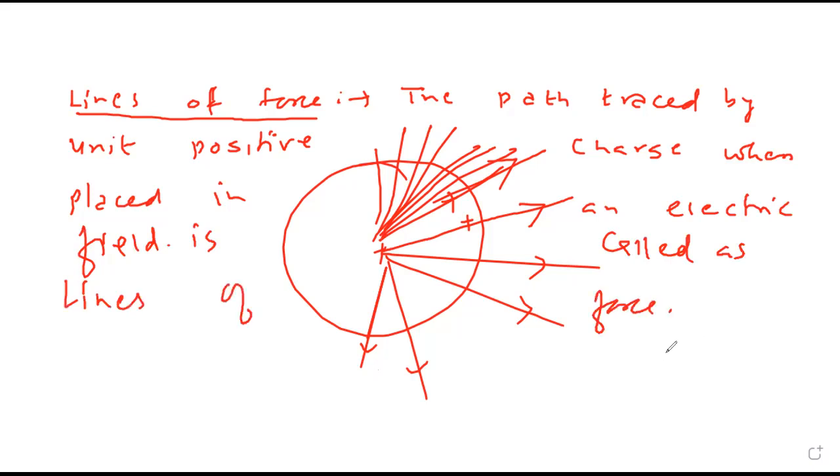Right, this definition also, lines of force. The path traced by unit positive charge when placed in an electric field is called as lines of force.